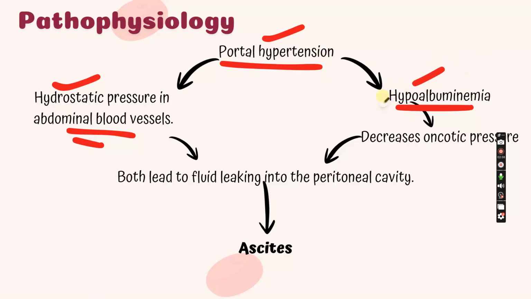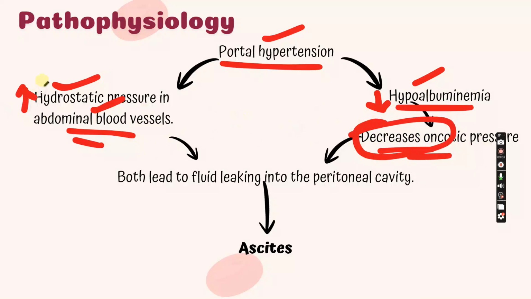Remember, if the word hypo arrives, then we know that a certain thing is in lower quantity. So there is an increase in portal hypertension and a decrease in albumin, and hypoalbuminemia leads to a decrease in oncotic pressure. So we have seen a decrease of oncotic pressure and an increase of hydrostatic pressure.